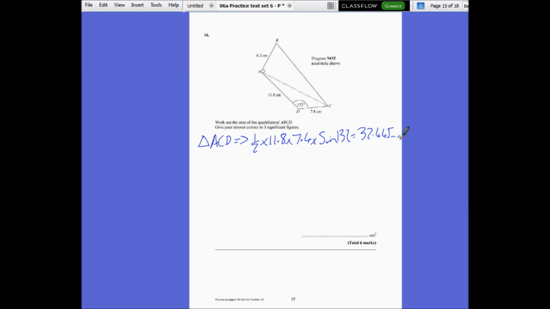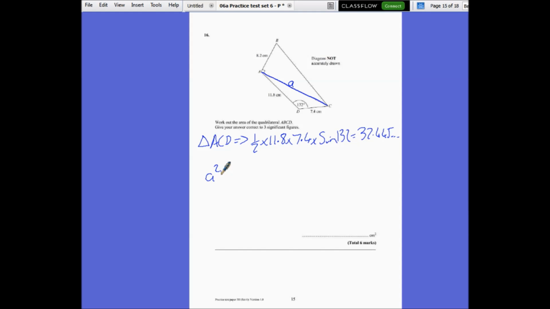The other triangle is a little bit more tricky because we need to work out that distance there first. So we've got the base of the triangle. It's a right angle triangle, so we'll just do base times height and half it, but we need that distance first. So if I call that A, to work out A, we've got a triangle ADC, we can use that again. We've got 2 sides and an angle, so we can use cosine rule in that bottom triangle.